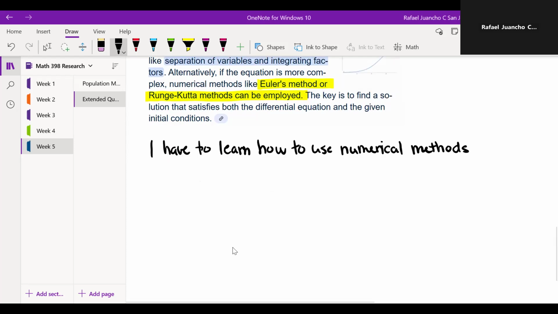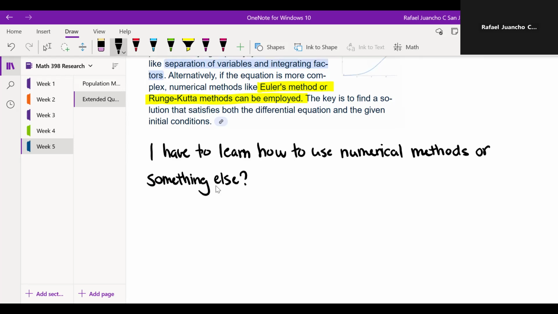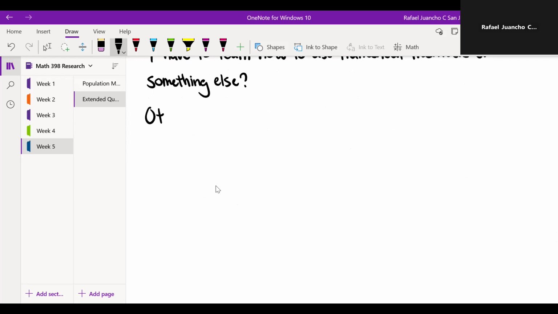I guess, just to wrap it off, other questions to ask. Or I think I could just learn Euler's method now. It's a numerical technique for approximating solutions to ordinary differential equations.